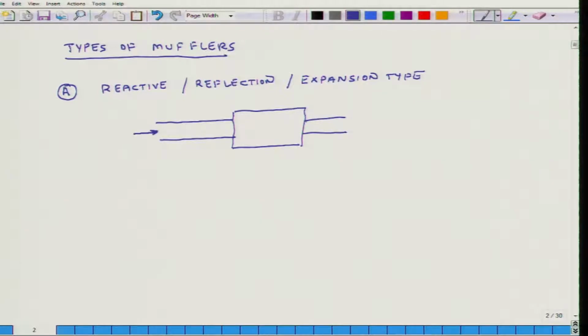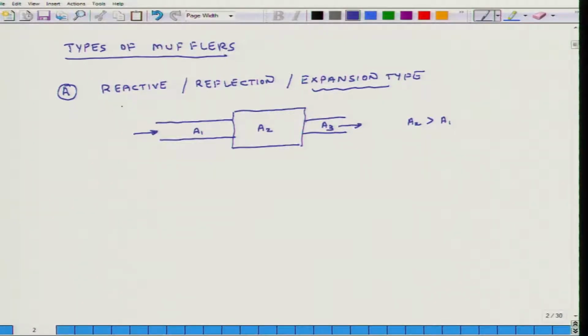Here the gases enter from the engine, and then you have a wider pipe or a cylinder whose cross sectional area is significantly larger than the inlet port, and then the gases exit out in the atmosphere. Let us say this is A1 and this is A3, and this cross sectional area is A2. Because A2 is larger than A1, the gases expand in it.